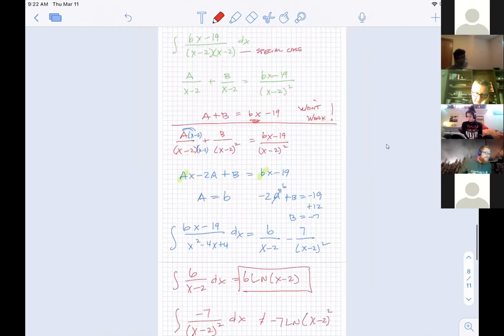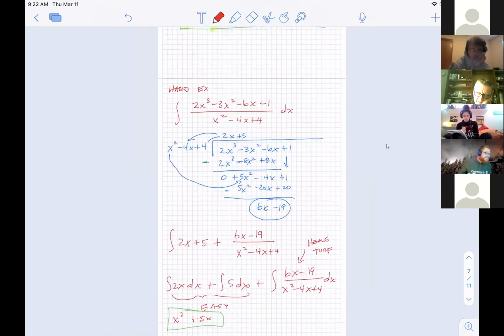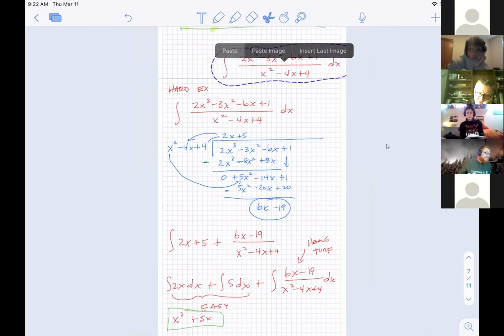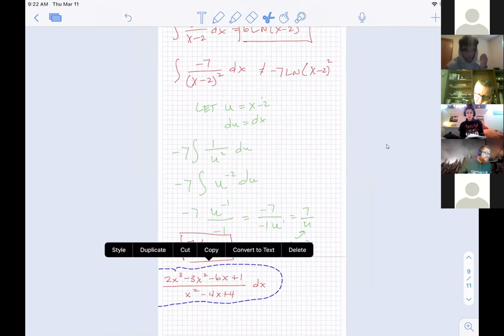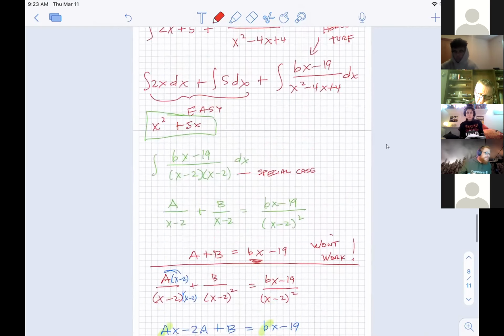My brain's in pain, you say. I get that. Let's go back to this original statement and at least write out what we have for an answer, because we did so much work here that I can't even remember all the problems. So, copy, paste. So we are saying then that the integral of that statement dx was, well, what were our answers? Going back up here to get them.